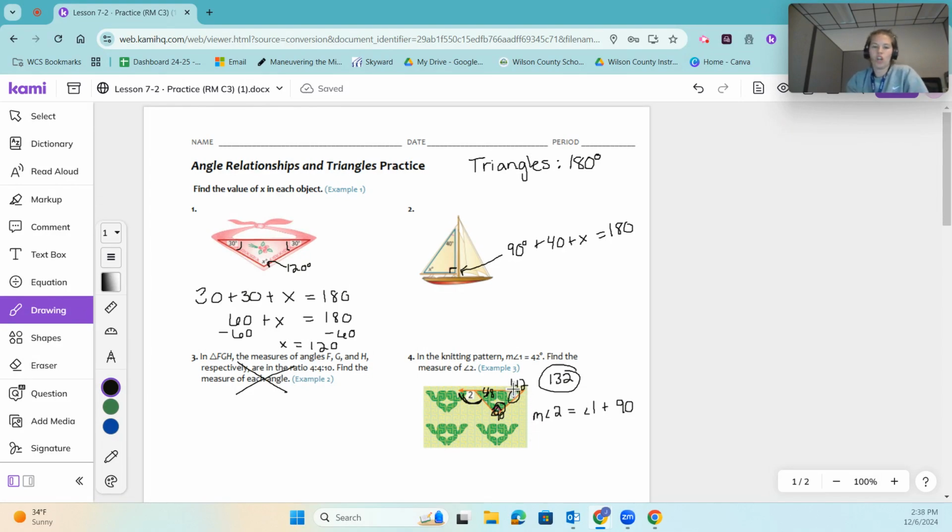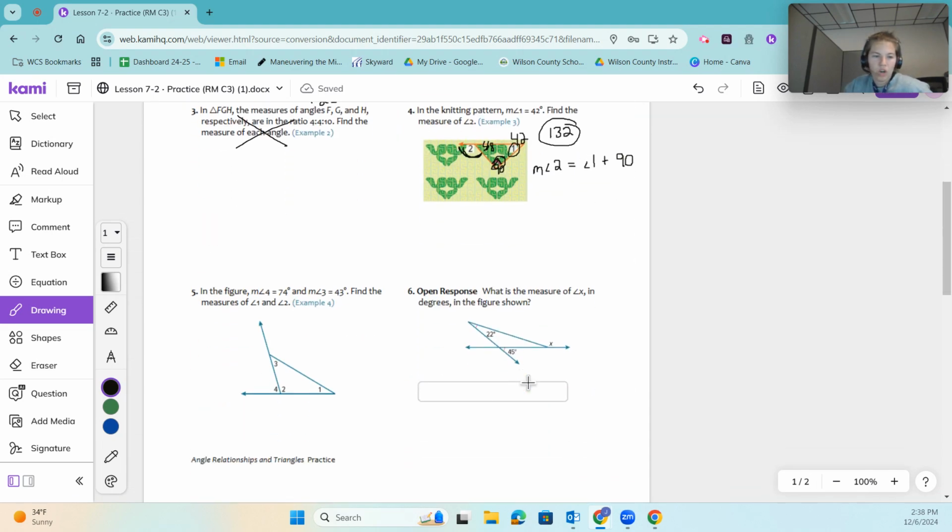So you can just know that when you add up the far interior angles, that opposite exterior angle is equivalent to it. Another good picture of what I'm talking about is in this next one, number 5.